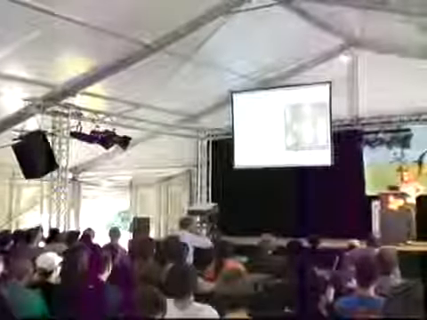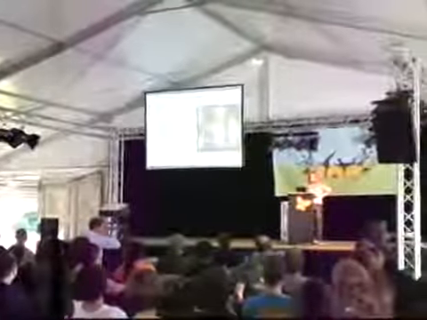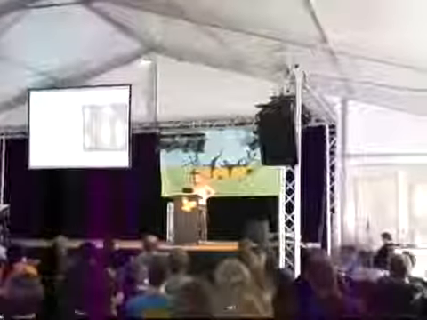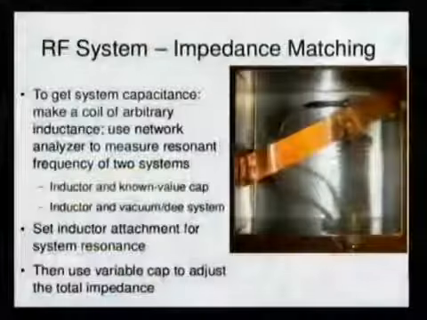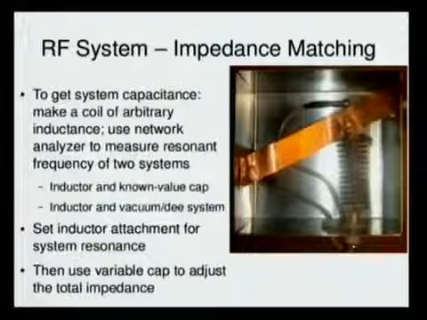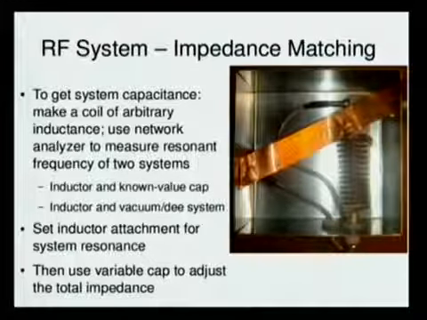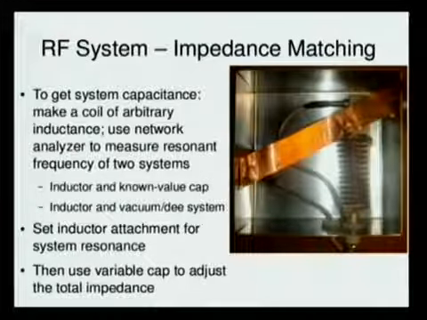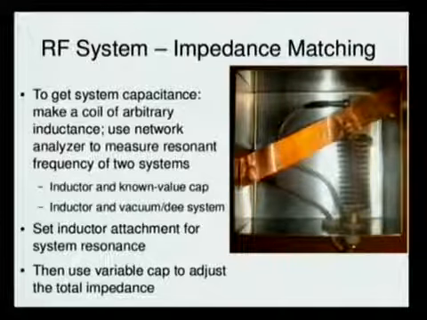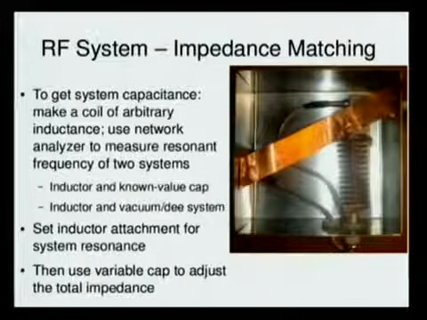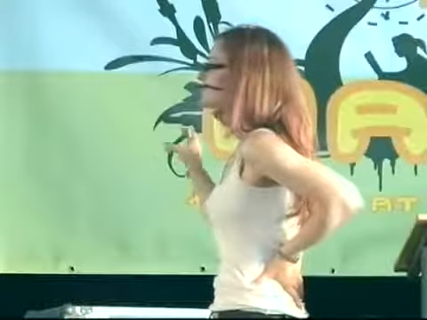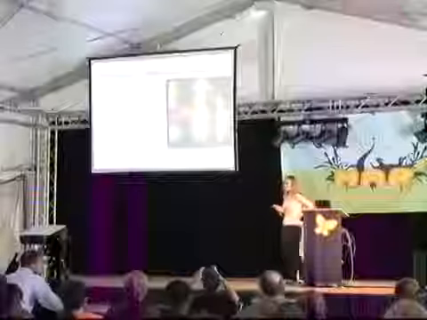It's difficult to get inductors at the inductance that you need, but it's straightforward to make them. You take some copper wire, just 8-gauge copper wire, I believe, and wrap it around something. I used a broom handle. Once you get a coil of maybe 10, 12, 15 turns, you use a network analyzer to measure the resonant frequency of two particular systems.